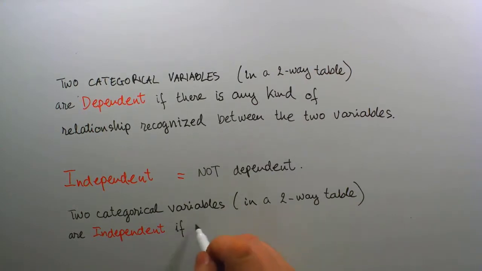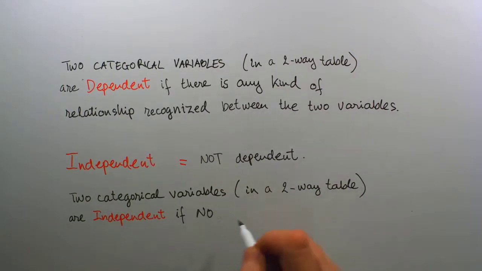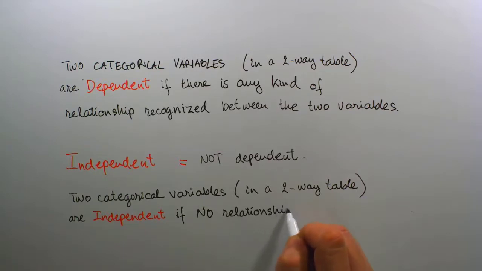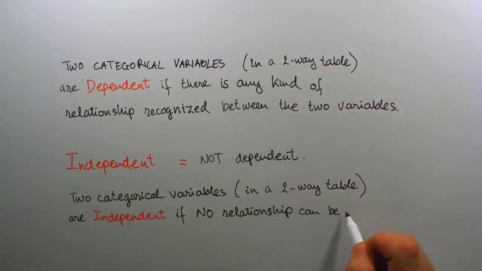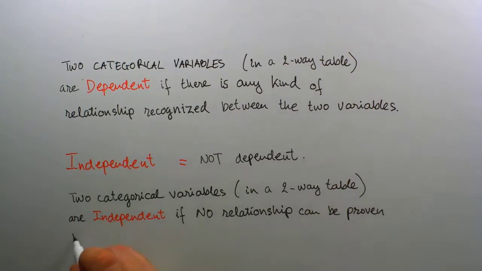if, allow me to use some formal terms a little bit, no relationship can be proven between the two variables.